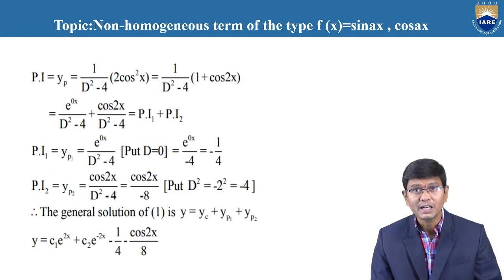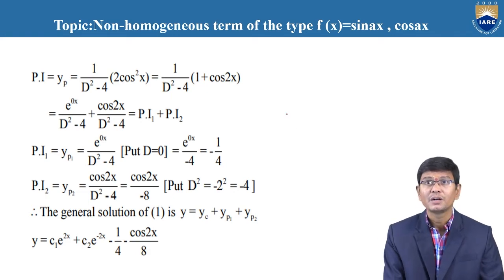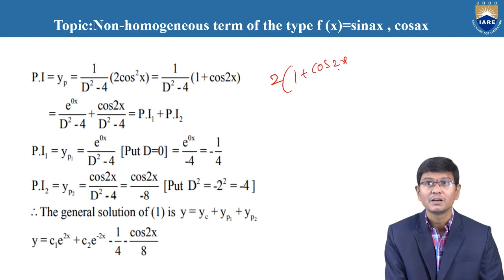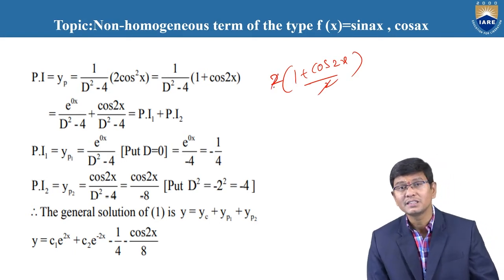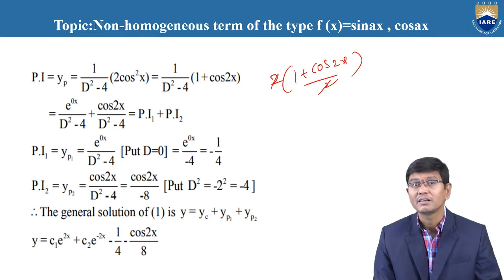Therefore, we convert cos square x into 1 plus cos 2x by 2. That is 2 into 1 plus cos 2x by 2. Here the 2 in the numerator cancels, and the numerator becomes 1 plus cos 2x, with denominator d square minus 4.